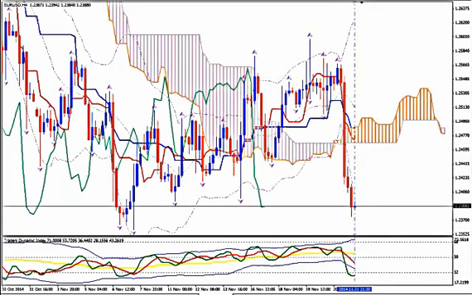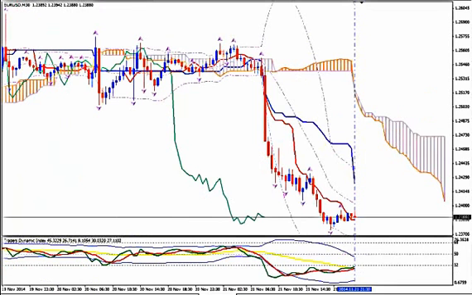So, if on M30 instead of seeing a minor correction and then a continuation of the fall, the critical point will be the price action relationship with the median Bollinger Band. If you see that the price action has the strength to go above the median Bollinger Band, even approach the upper Bollinger Band, then get ready for the possibility of a reversal.